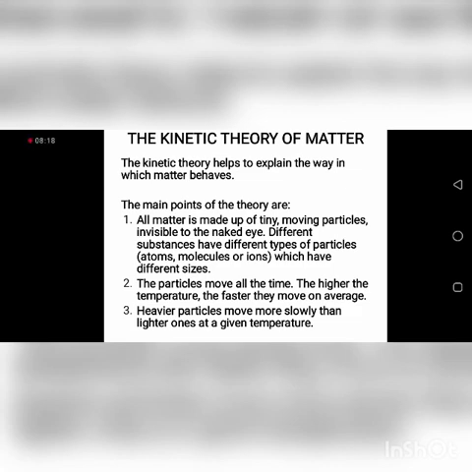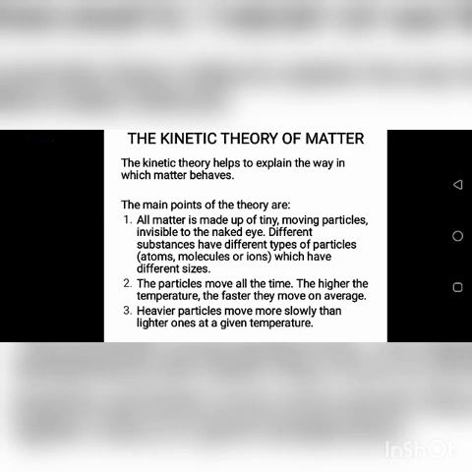Now we look at the kinetic theory of matter. Kinetic, as we have known, has to do with motion, movement. And matter, I've told you, is anything that has mass and occupies space. So we want to see how matter can move. We want to see the theory that explains the movement of matter. The major point is that all matter is made up of tiny particles, invisible to the naked eye.